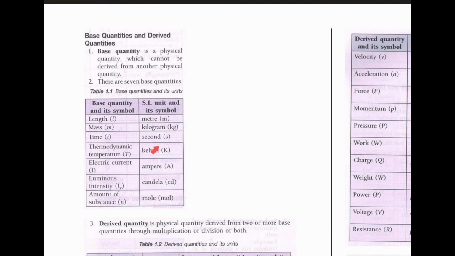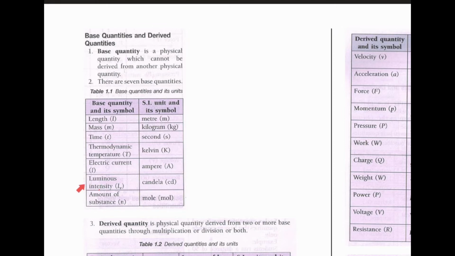Time, second. Temperature, Kelvin. Maybe you feel like, oh, Kelvin, I used to use degree Celsius. If you have degree Celsius, you have to add 273 to change it to Kelvin. Then we have electric current, ampere, and intensity, candela.